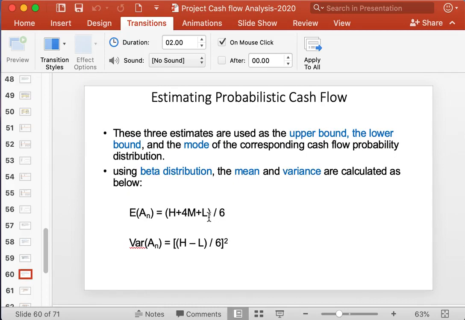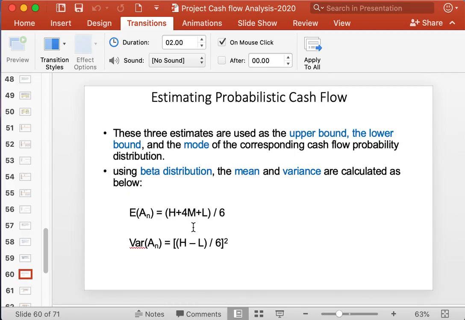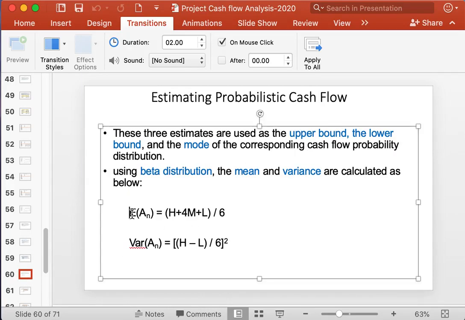So like in the case of PERT network, here also beta distribution is used, and using the optimistic, pessimistic, and most likely estimate of each year's cash flow, we can calculate the expected cash flow for each year.